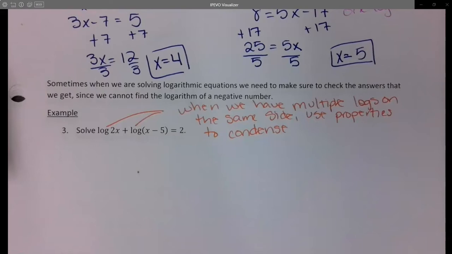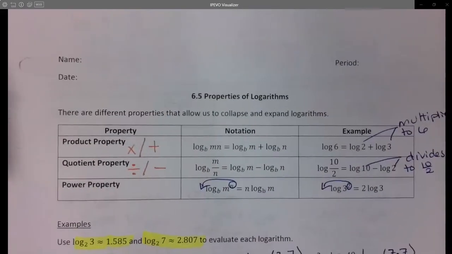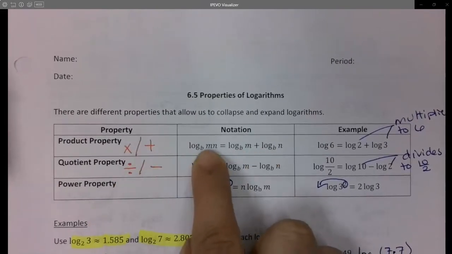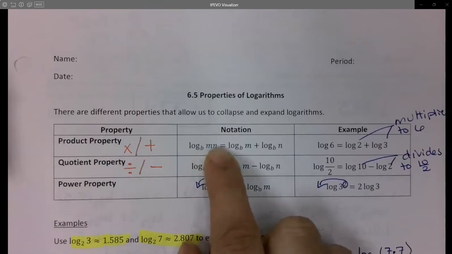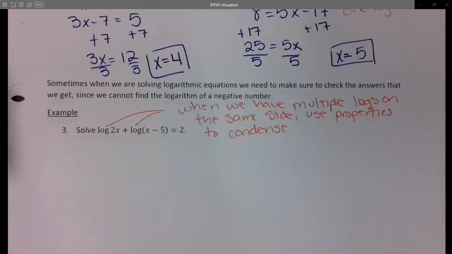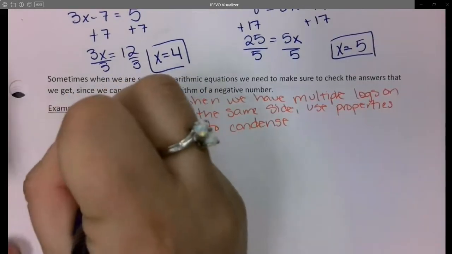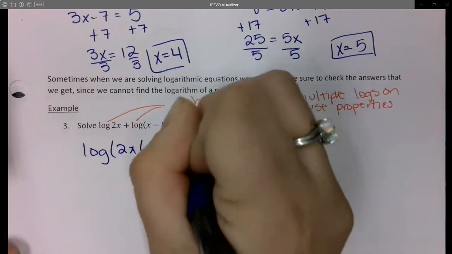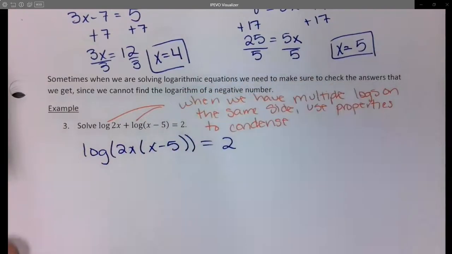So right now in between these two, I have a plus sign. Remember from our notes on Tuesday that whenever I have a plus sign in between, I can multiply the arguments inside. So what I'm going to do is I'm going to rewrite this as one logarithm. And I'm going to multiply those arguments inside. So I'm going to have 2x times x minus 5, and it still equals 2.